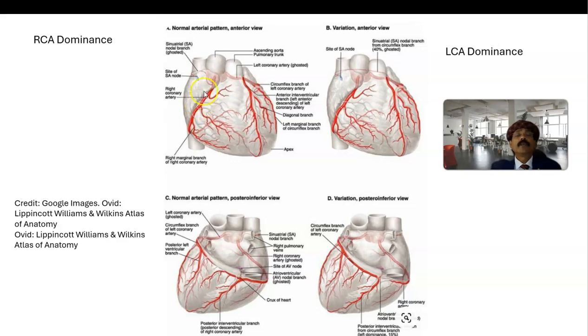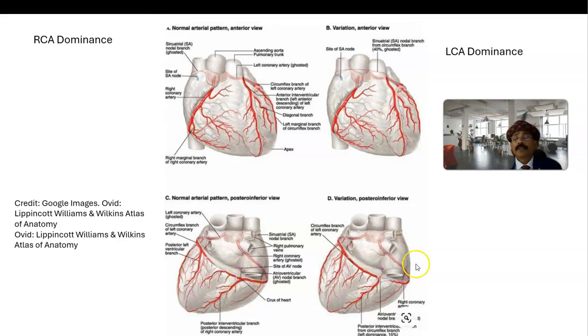In left coronary artery dominance, even the SA node may get blood supply from the left coronary artery or left circumflex artery. But in most cases, the SA node is supplied by the right coronary artery. The AV node is also supplied by the right coronary artery here.